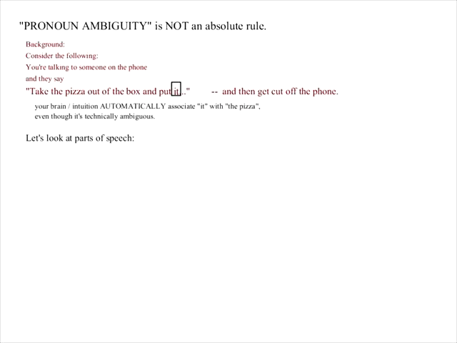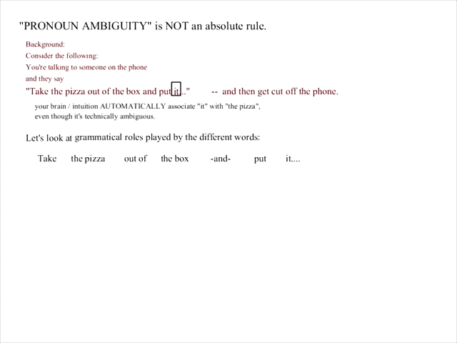Take the pizza out of the box, and then and is a conjunction. Put it. Okay, let's analyze. It's not so much parts of speech. Let's look at grammatical roles, which is probably a better way to say this, played by the different words.